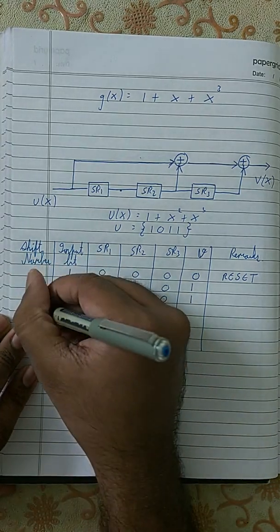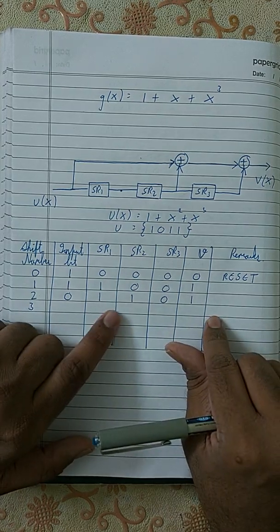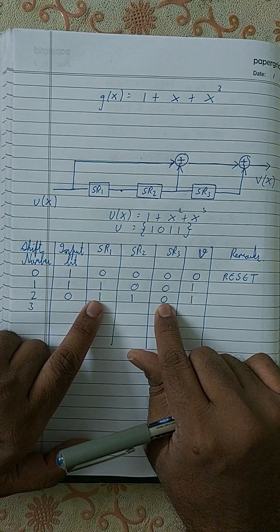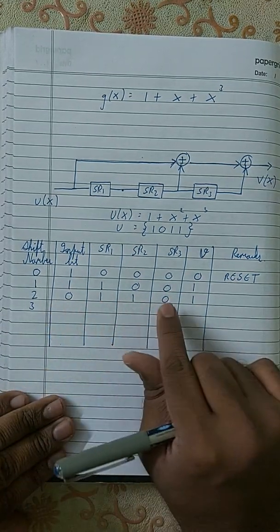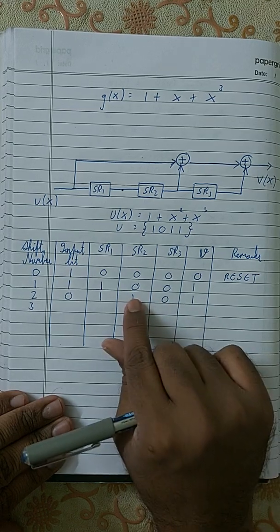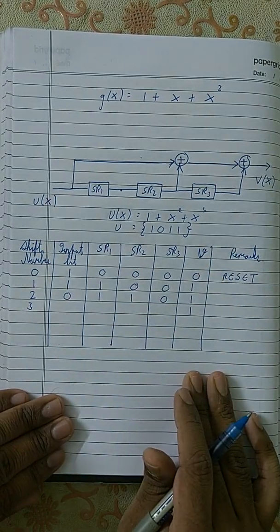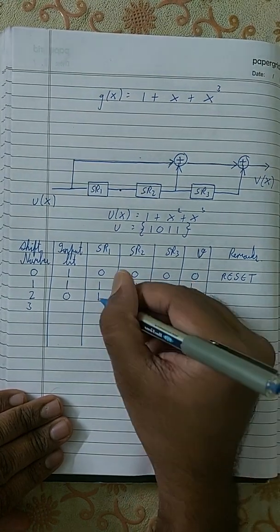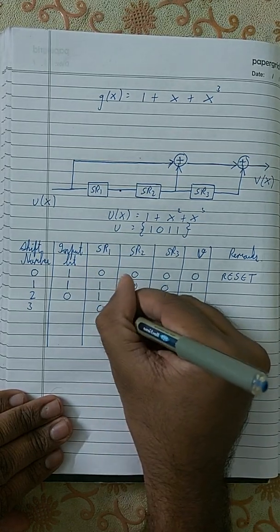Now at the third clock cycle, I'm going to calculate the output. What will be the output I will get? 0 plus 1 plus 0, SR3 plus SR2 plus input bit, right? So 0 plus 1 plus 0 is again 1. This 1 will be shifted here, this 1 will be shifted here, and this 0 at the input bit will be shifted over here.